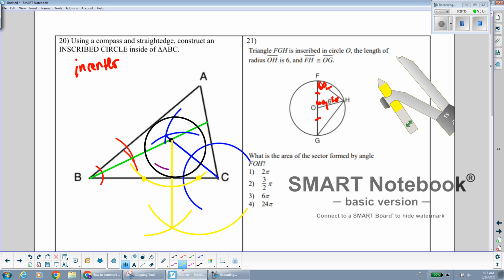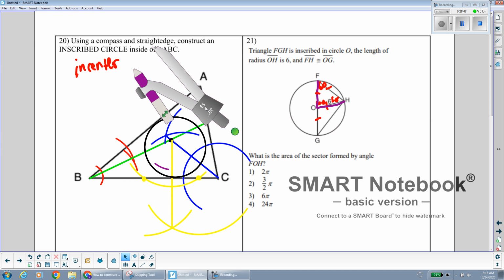What is the area of the sector formed by angle FOH? Sector area is theta over 360 times the area of the circle. So here the angle is 60.